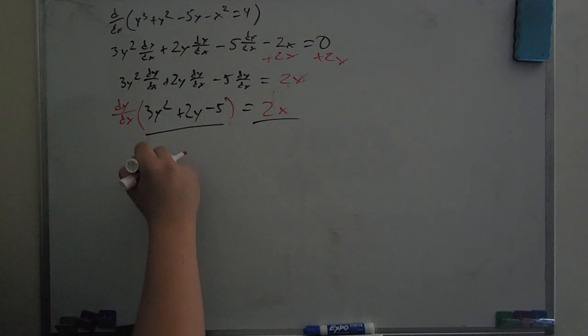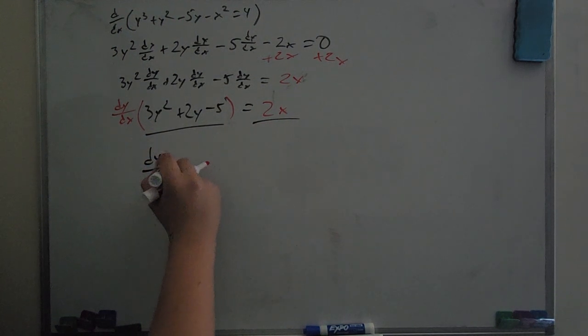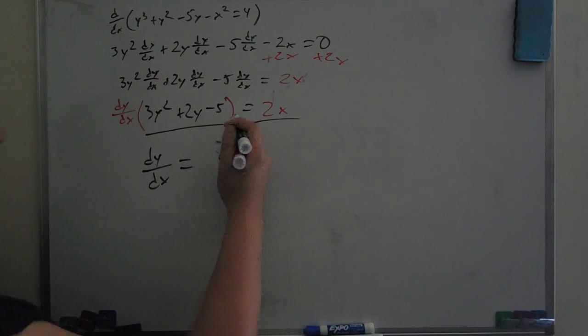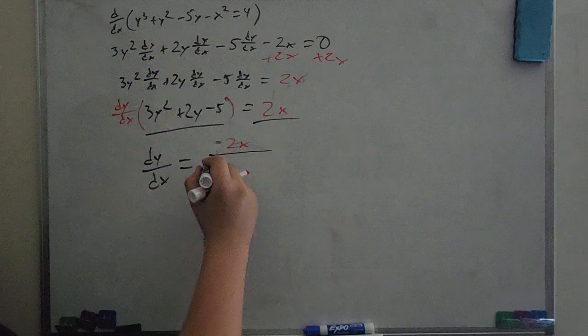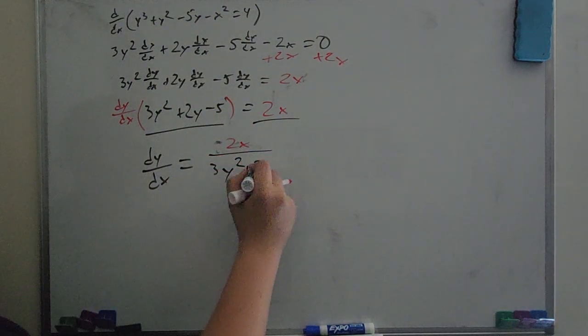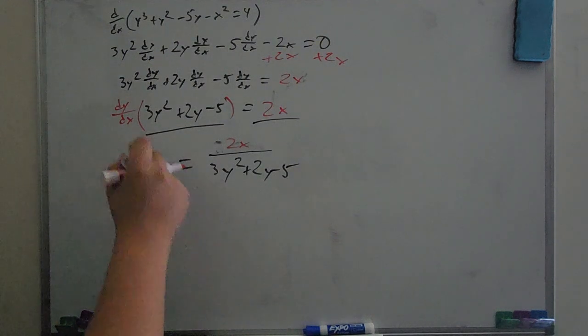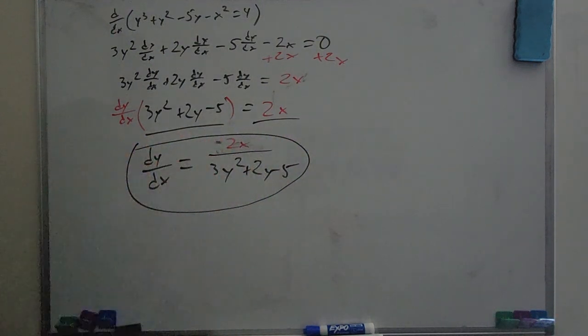So actually no, let me just put that in. So it should be the answer. And then that's the differentiation of that problem. That should be right. I mean, I don't know if you can simplify that, but that should be the answer to it. 2x.